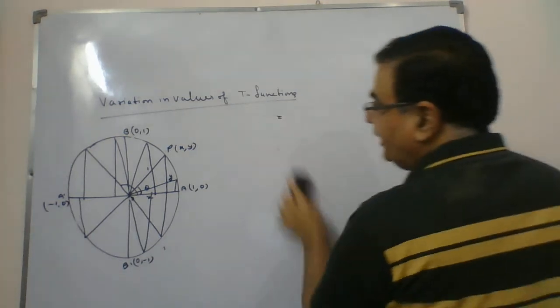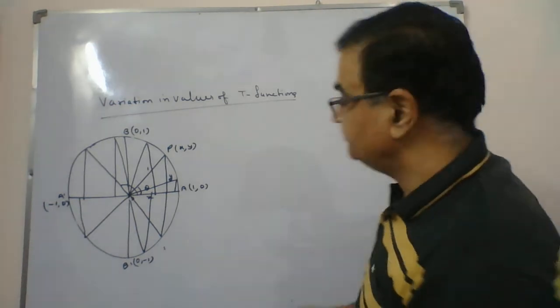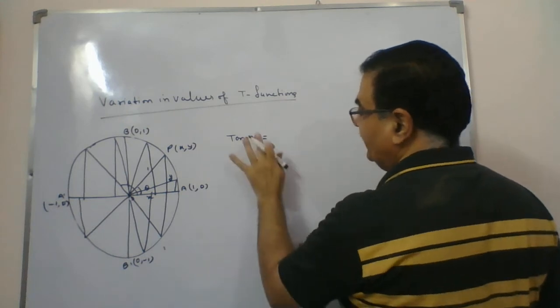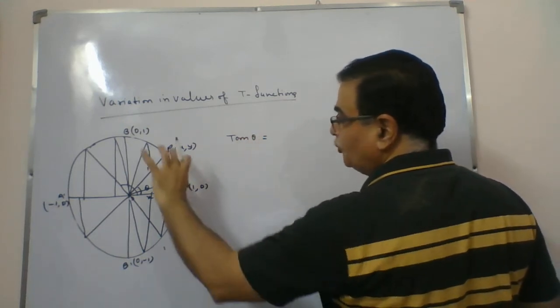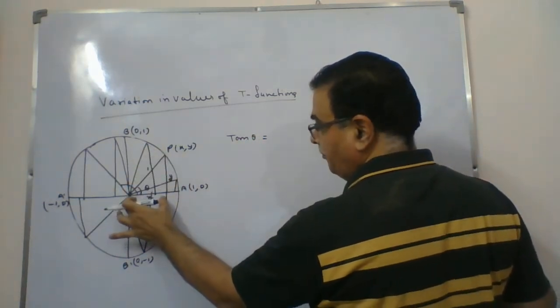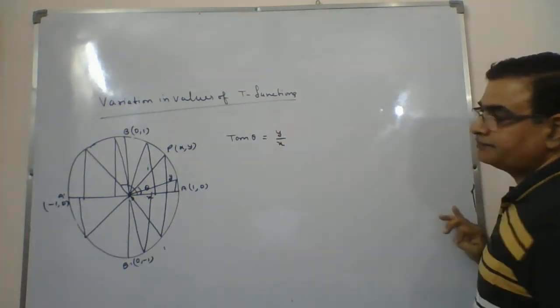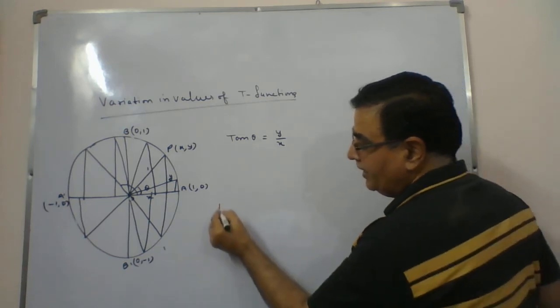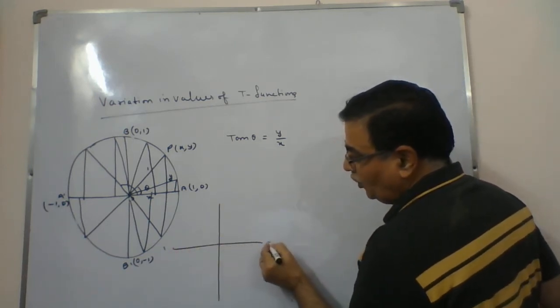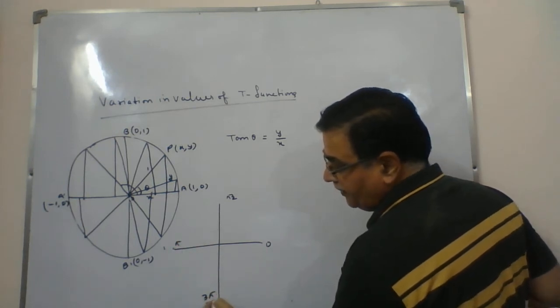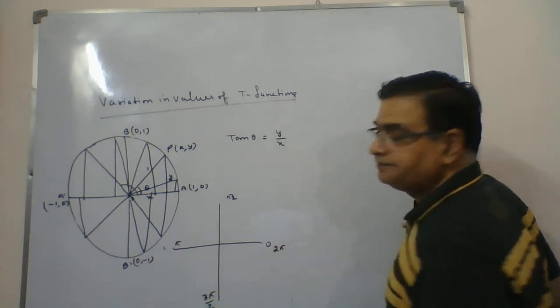When you think about tan x, or tan theta, it comes out to be perpendicular by base. So it will be y by x. And now if you just think about the quadrants 0, pi by 2, pi, 3 pi by 2 and 2 pi.